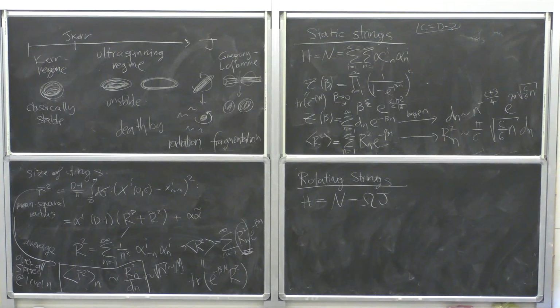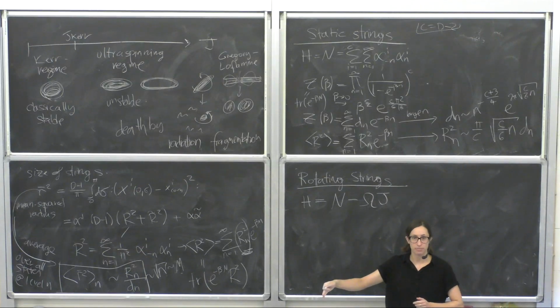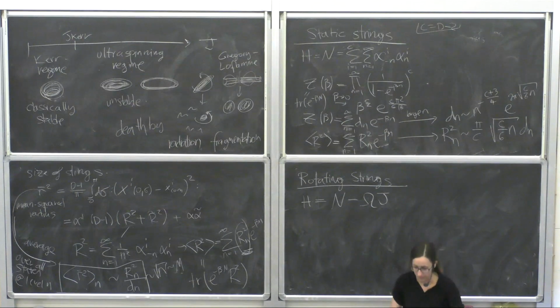What inherently of the string can I use to make the string spin? The solution is given by center of mass location, plus linear momentum, plus oscillators. What can I use? The oscillators. I have to put them in such a way that the string starts to spin.